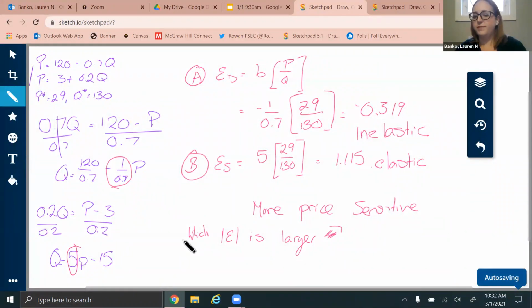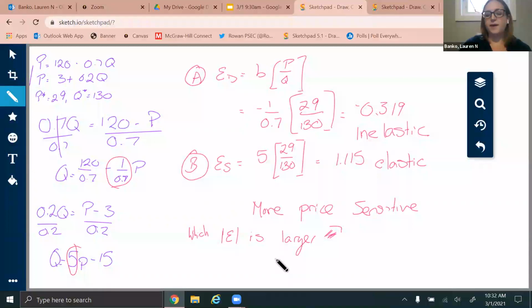So 1.115 is greater in absolute value than 0.319, 0.32. So that's another way just to look at it. So larger elasticity in absolute value means that party is more price sensitive.